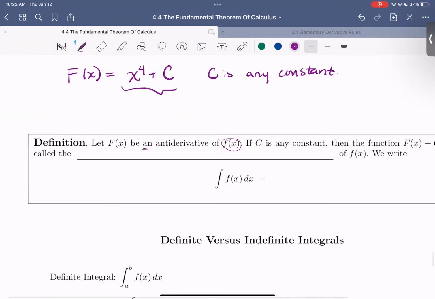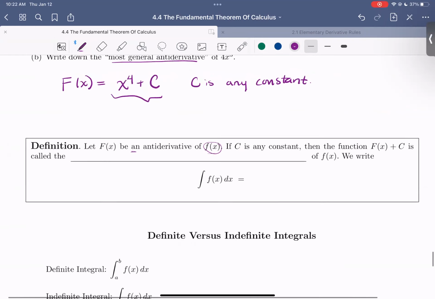If c is any constant, then the function F of x plus c is called the most general antiderivative of f of x. And how we notate this general antiderivative is the integral of f of x dx is equal to big F of x plus c.